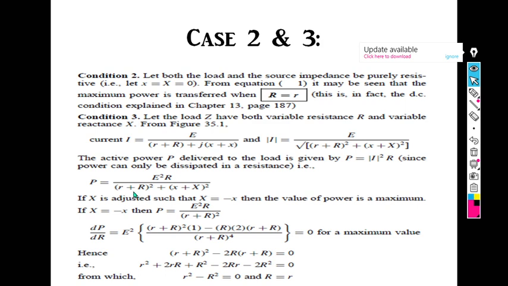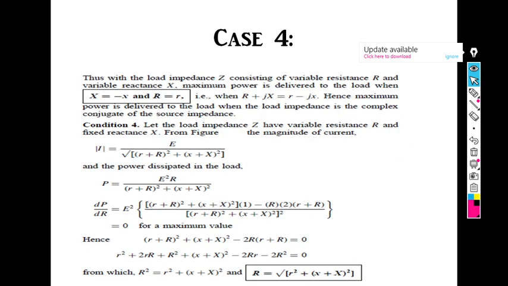So we know that from this, R is equal to r. If we can adjust the resistance R in such a way, because we have taken this one also as variable, so if I vary this R such that R is equal to r, then we can get maximum power at our load end. This is the third case.